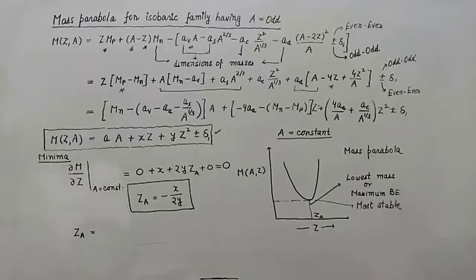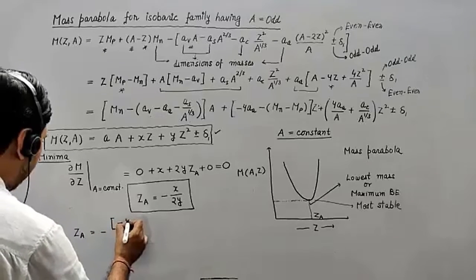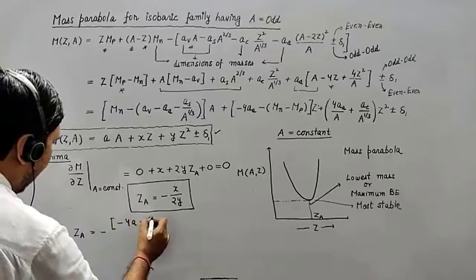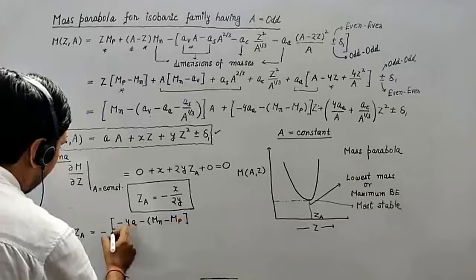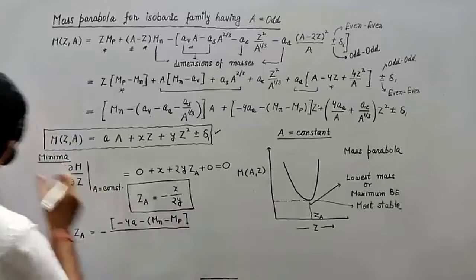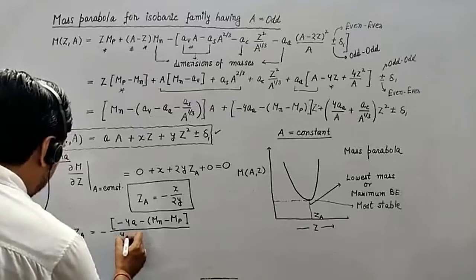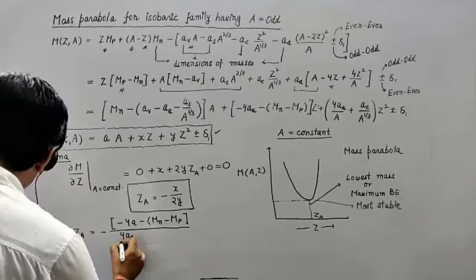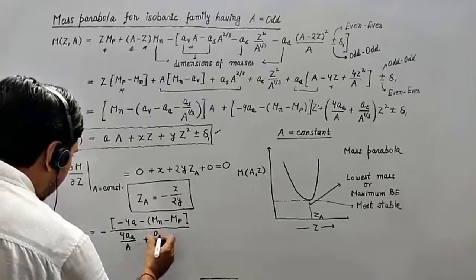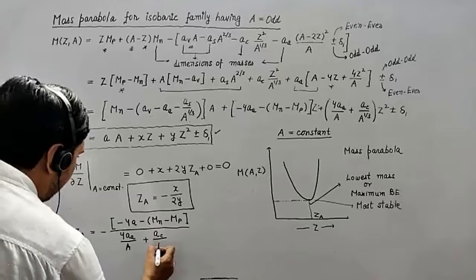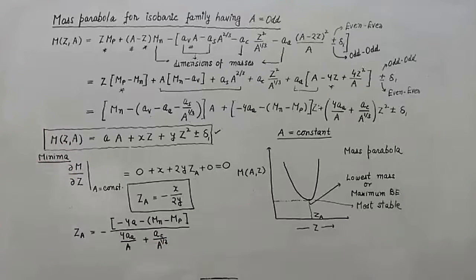Substituting, x is equal to minus 4a_A minus (m_n minus m_p), divided by y. And y will be equal to 4a_A divided by A plus a_C upon A to the power 1 by 3.